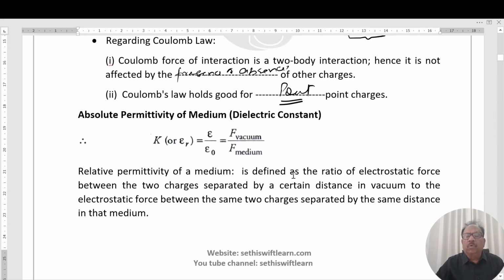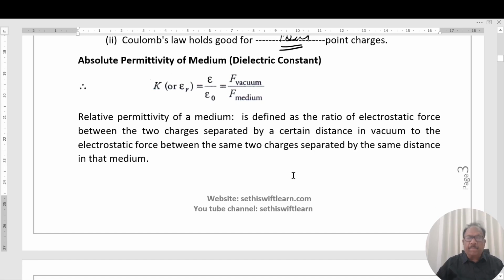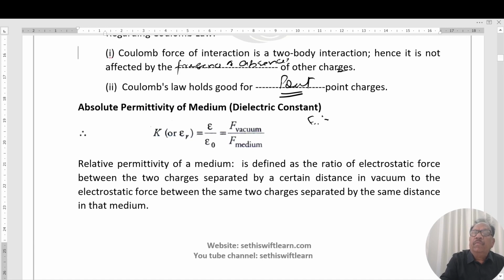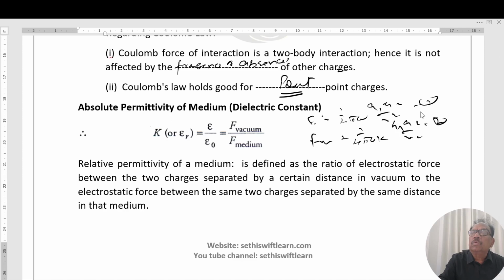Regarding absolute permittivity. Relative permittivity of a medium is defined as the ratio of the electric force between the two charges in air: F air equals 1 over 4 pi epsilon naught Q1 Q2 upon R square. This is equation 1. And F medium equals 1 over 4 pi epsilon naught into K Q1 Q2 upon R square. This is equation 2.